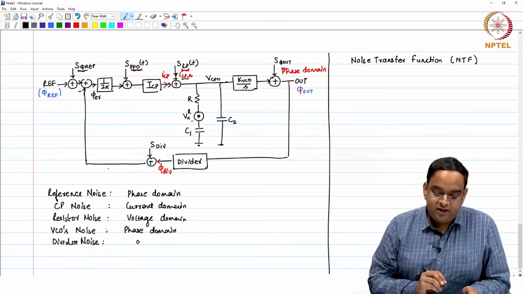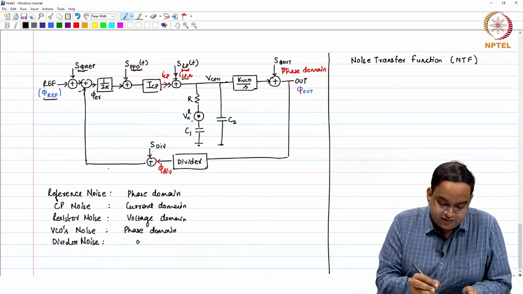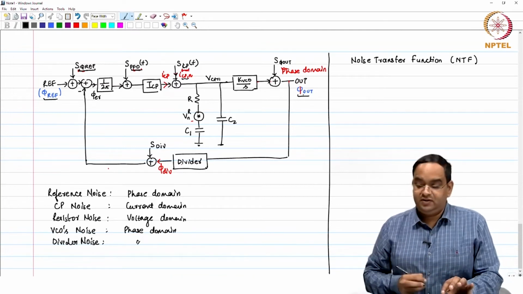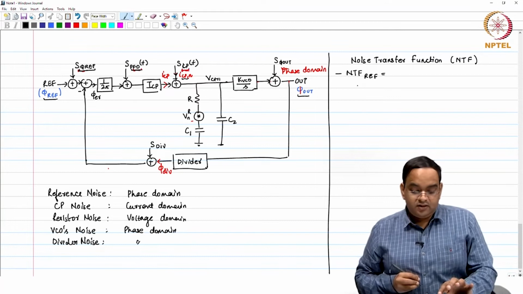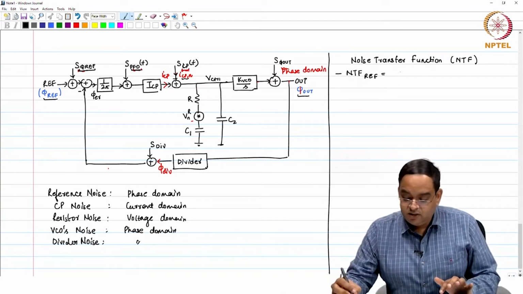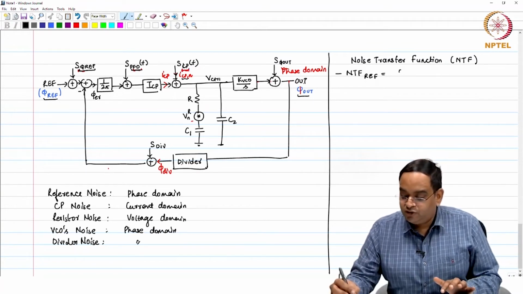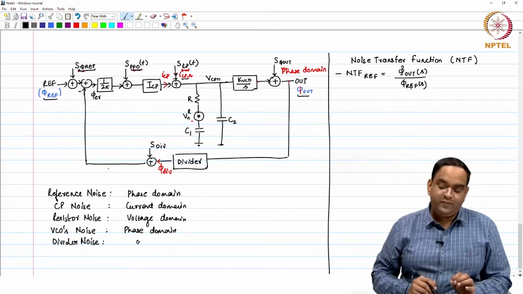So, let us say we want to find, for a simple example, how the reference noise gets converted to the output noise. So, NTF reference is what you need to define here, how the reference noise gets added up to the output. So, I need to define the transfer function phi out of S divided by phi reference of S. Okay.